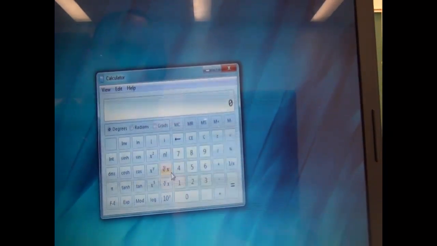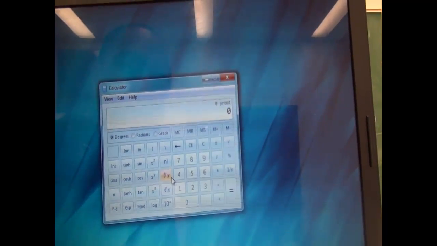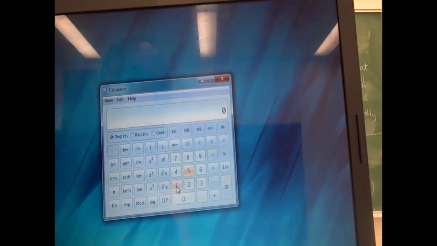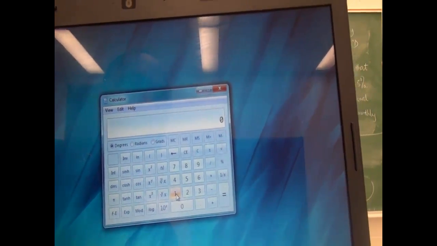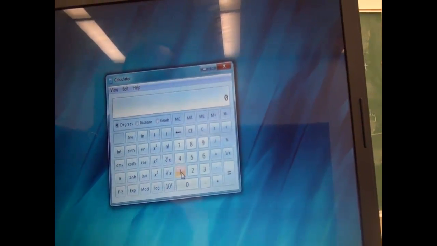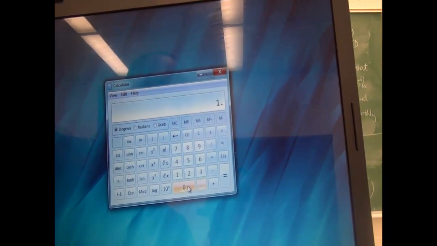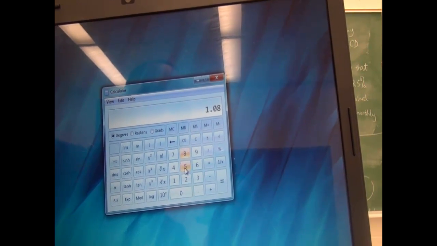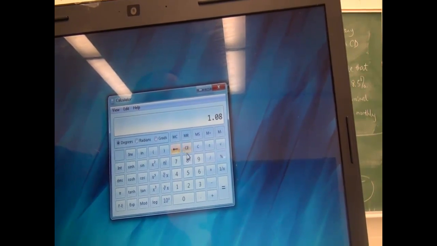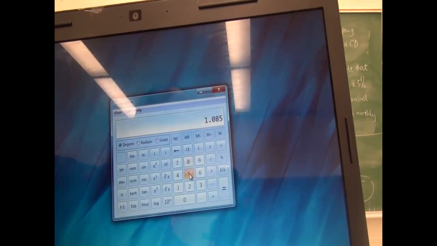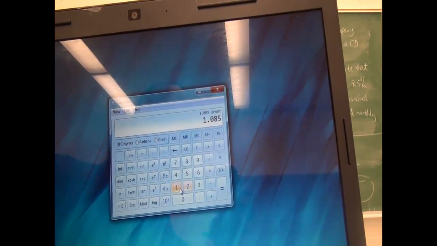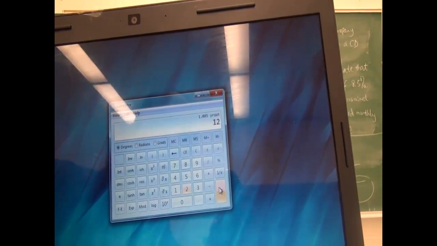And then we're looking for this y root of x, right here. So first of all, to find the 12th root of 1.085, you first press 1.085. Okay, then you press the y root of x, and then you press 12, and you press equal to.